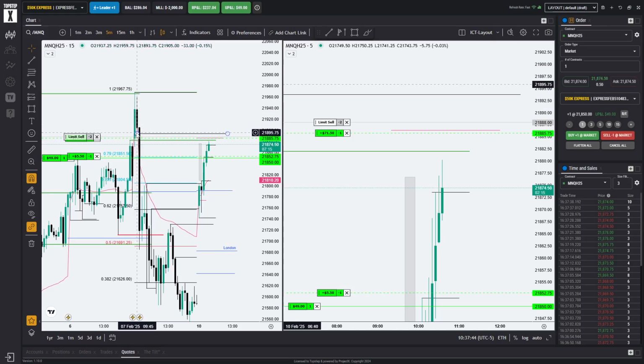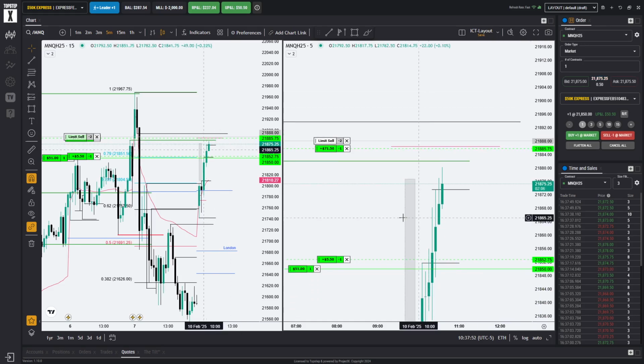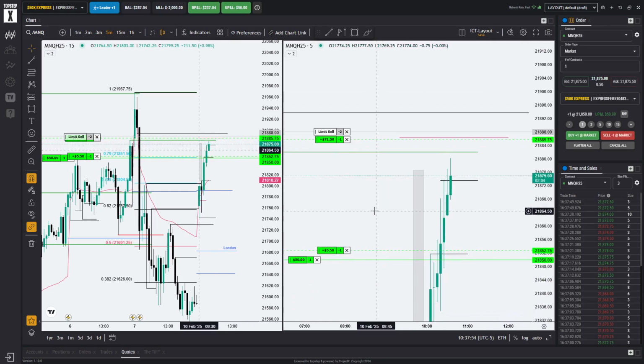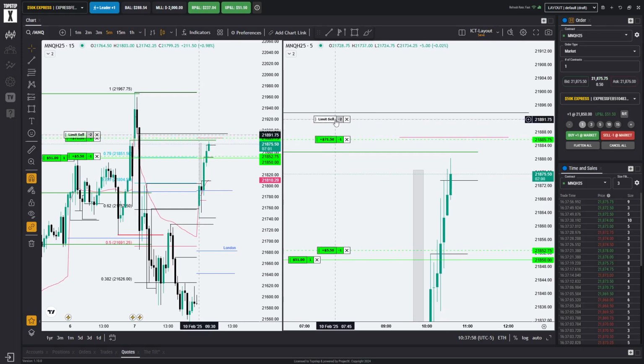Trapped longs up here from Friday. So we could actually go higher. But I have to be conservative with my target.